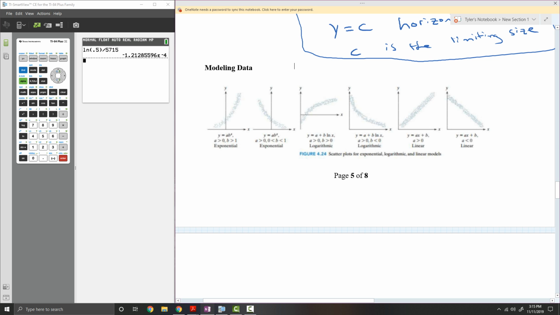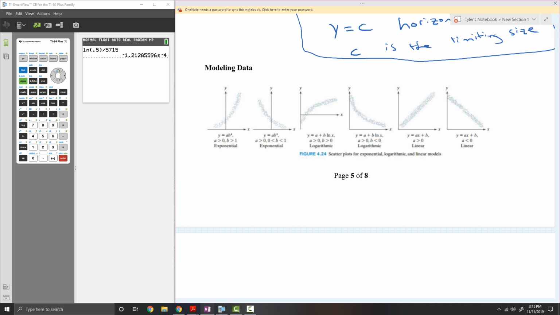We have two examples of each, one where we have a growth and a decay. So you can see the constraints that happen. But you want to pay attention to the pictures, how those scatter plots will look roughly, so we can maybe estimate what kind of model would be appropriate.